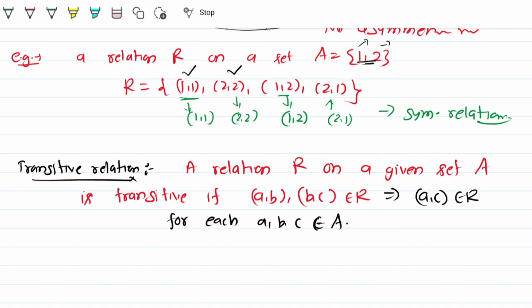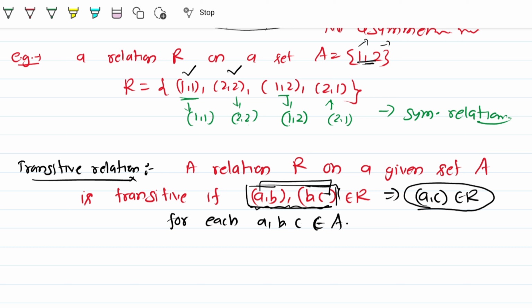Okay, so for transitivity we will always be looking for connecting pairs first. AB, then a second pair starting with B and ending with C. If we can find such a condition in the relation, AB and BC belong to R, then A and C, the first and last element, also belong to R, then only we can say it is a transitive relation.